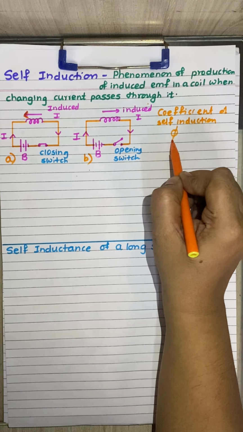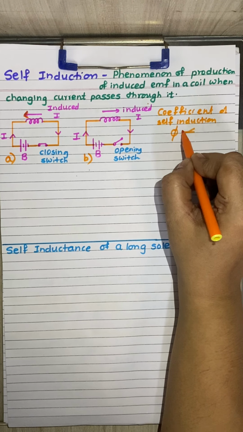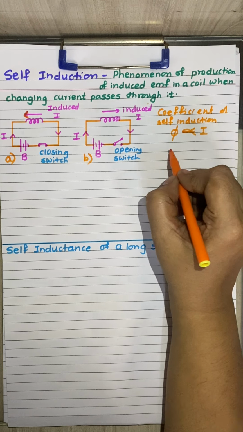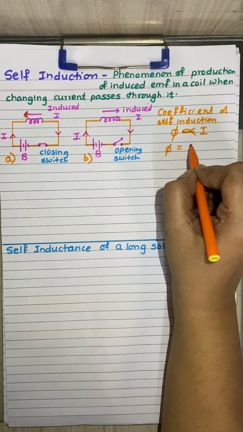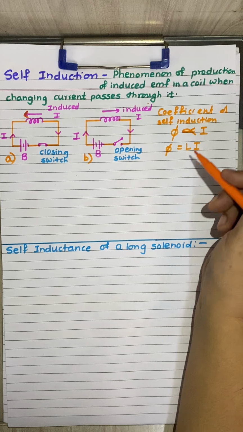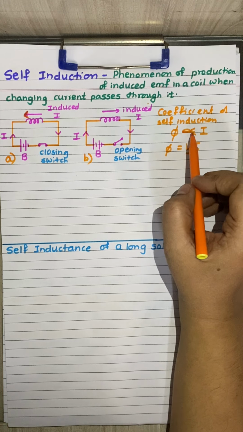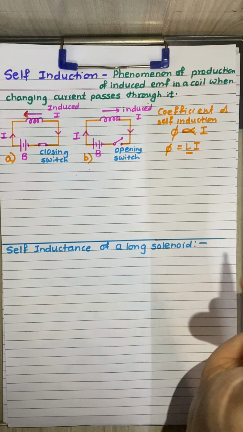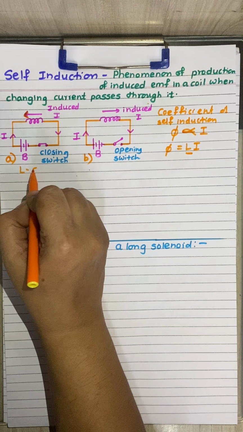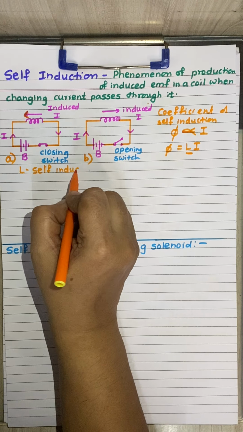Obviously, because how much change in the flux is there, it is responsible, and that factor is directly proportional to I. Okay, and therefore we can have phi is equal to, if the proportionality sign is removed, we have to introduce one constant, and that constant L is called the coefficient of self-induction, or this factor is also called self-inductance. I'll write down here self-inductance.